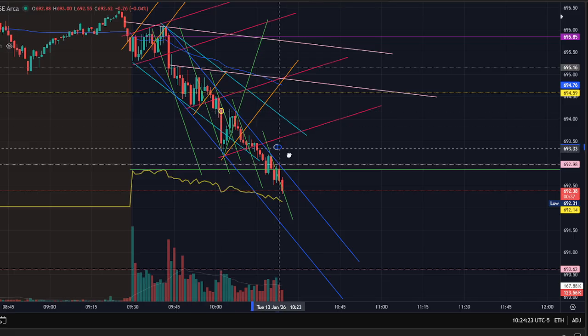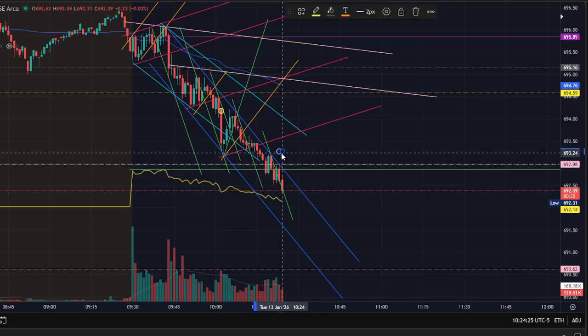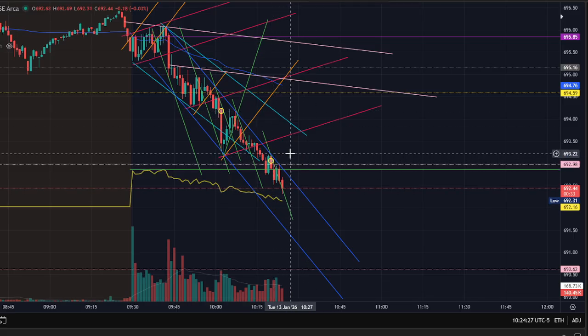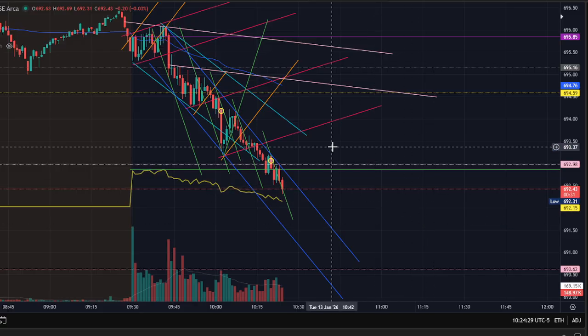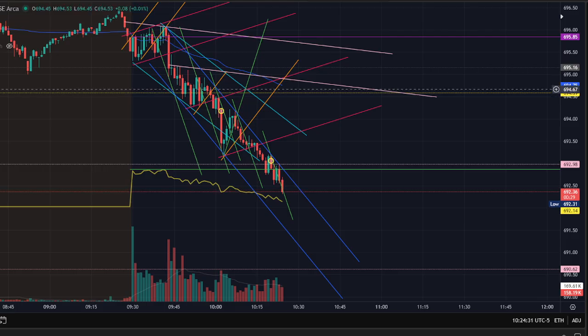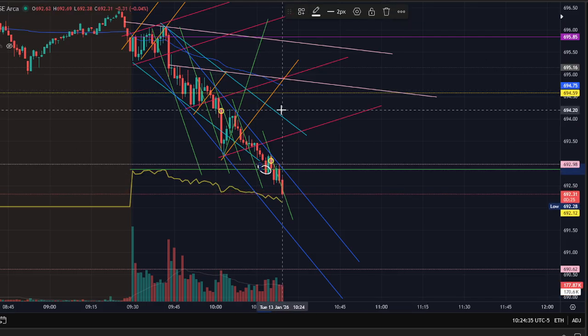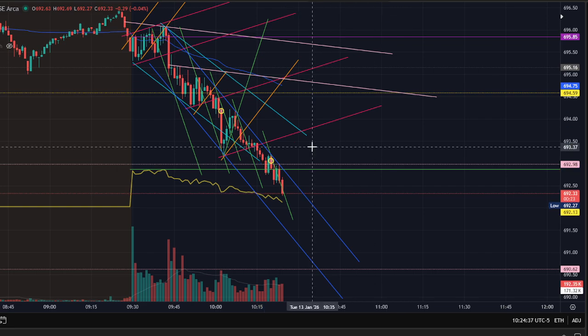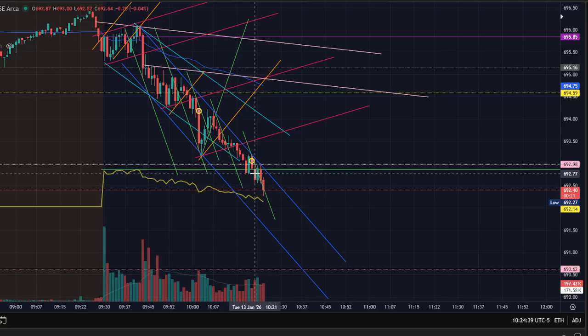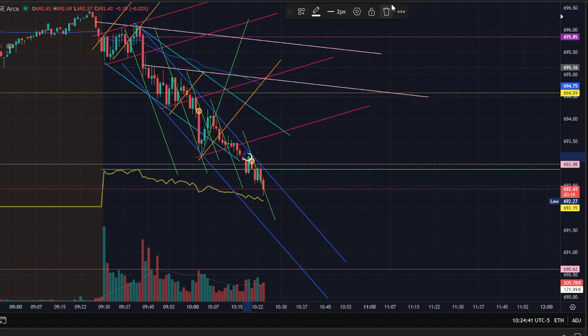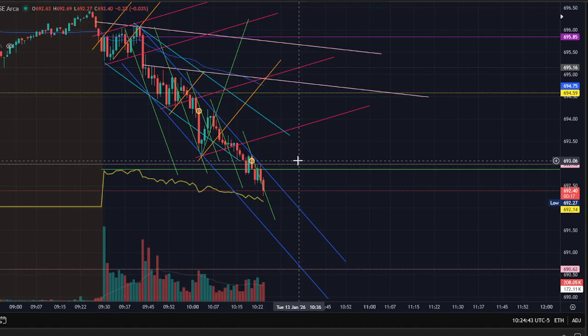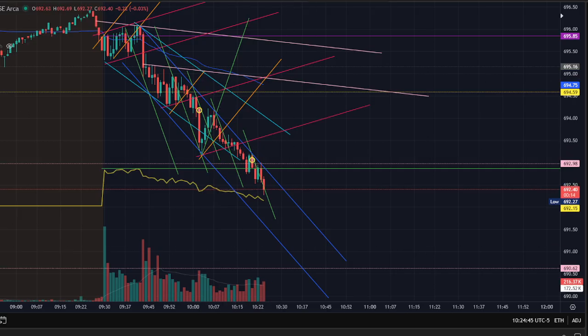Nice. All right. So I was able to take one more position here, right off of this retest. Why? Because the buyers are here, right? If you're watching the volume here, they couldn't break out of this blue. It was very important to see if they were going to break out of this blue. That's why I drew it out. I wanted to make sure that they weren't buying quite yet.